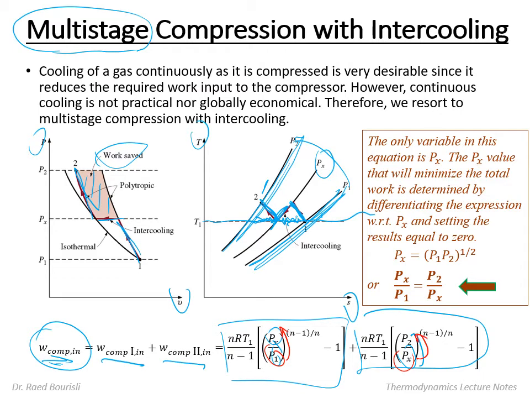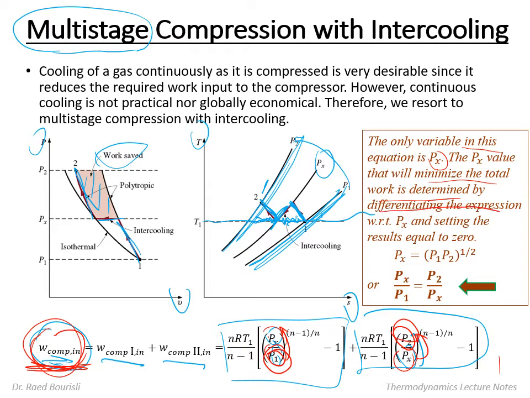Now, the only variable in this equation is Px. I want to find the Px value that will minimize the total work of the compressor. I know my initial pressure, I know my final pressure, but I don't know the value of Px that minimizes this work input for the compression process overall.